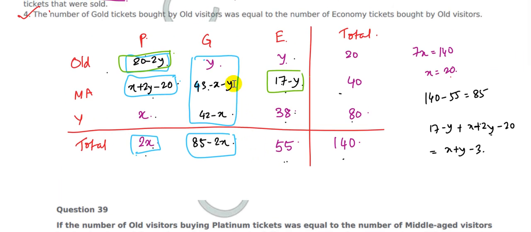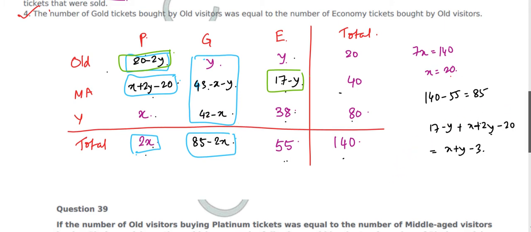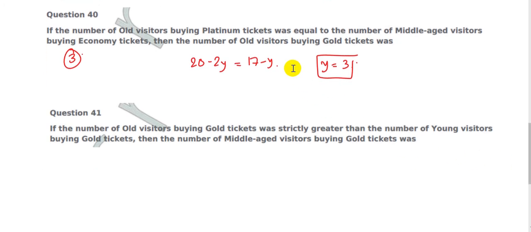Old gold is y, young gold is 42 minus x. So y is greater than 42 minus x. So that means x plus y is greater than 42.